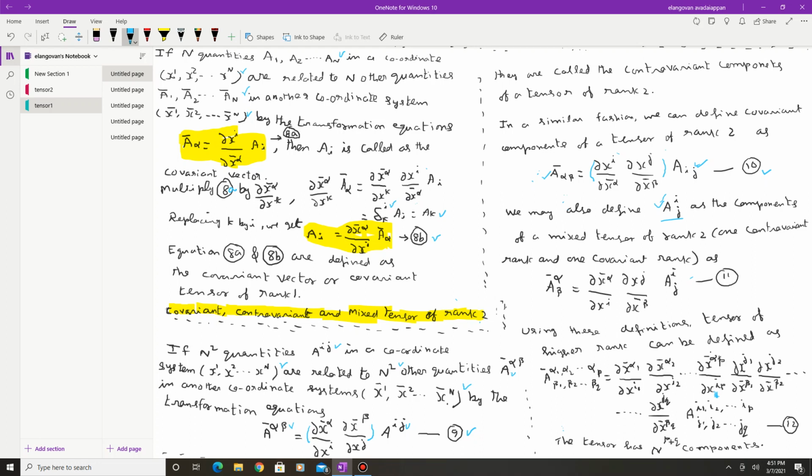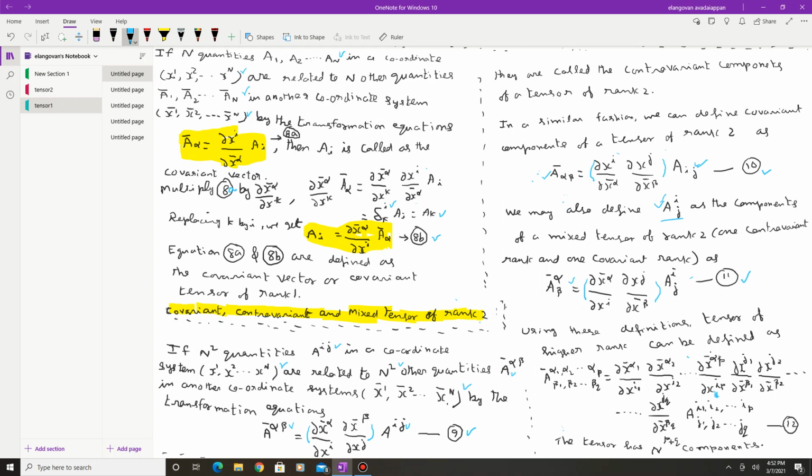According to equation 11, A alpha beta bar is equal to partial x alpha bar by partial xi and partial xj by partial x beta bar, times A^i_j. If the transformation is of this form, we can say this is a mixed tensor of rank 2.